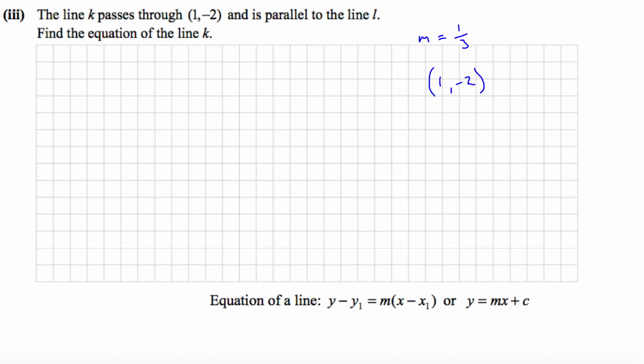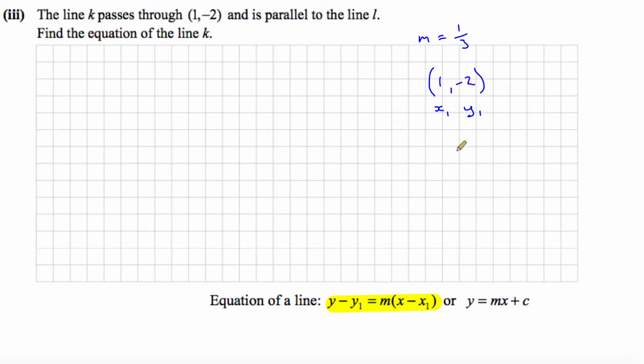And we can use a formula here from the tables book. There's another formula for the equation of a line, which is this one here. So if you have the slope m and any point on the line, x1, y1, then you can use this formula to find the equation. So this would be our x1, minus 2 would be our y1.